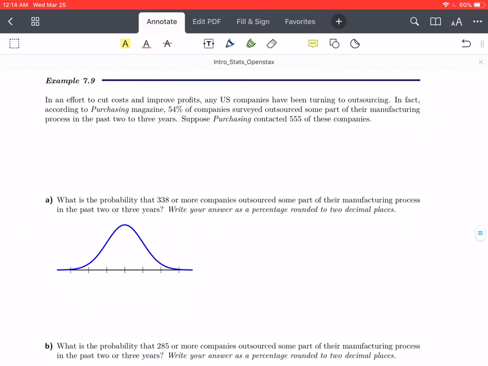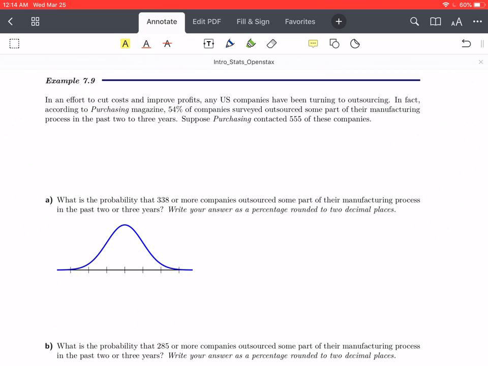So we have a couple examples here, but when we're dealing with the sample proportions and the sample means, it's important to be able to recognize the difference, when to use one over the other. So let's look at this first example. In an effort to cut costs and improve profits, many U.S. companies have been turning to outsourcing.